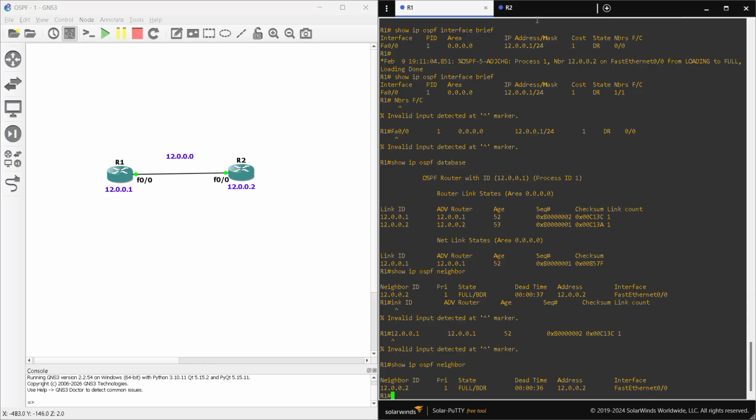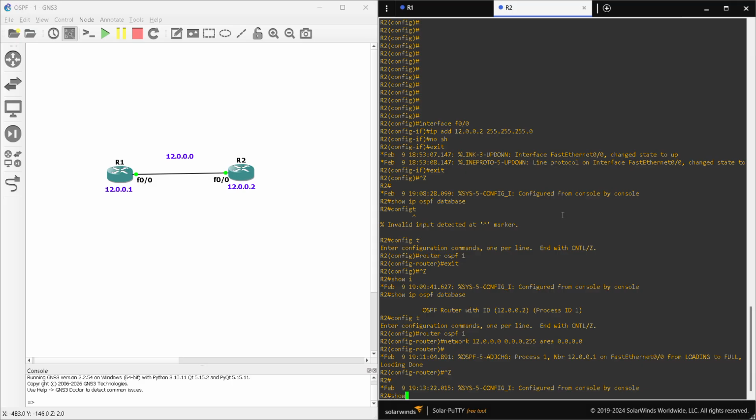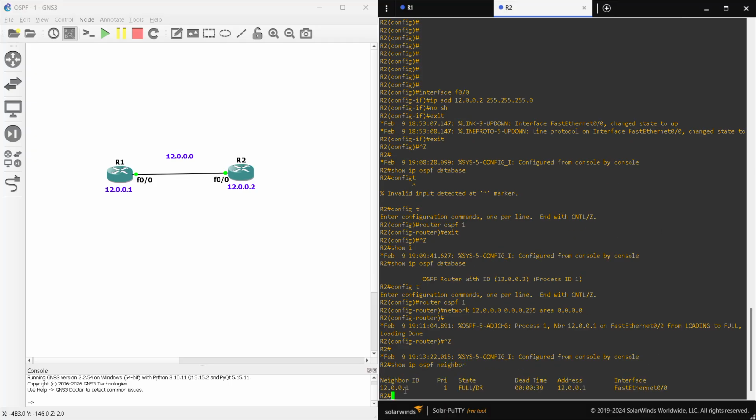Similarly, if I look at R2, this is what it will give me with different entries. Show IP OSPF neighbor. See, 12.0.0.1 with process ID, IP address, and then interface.